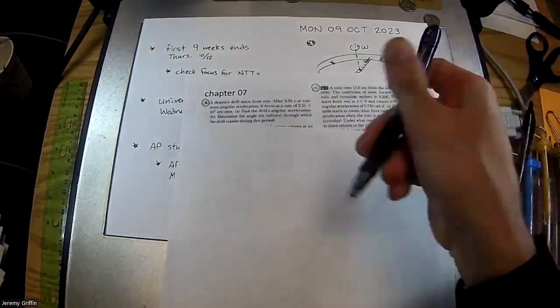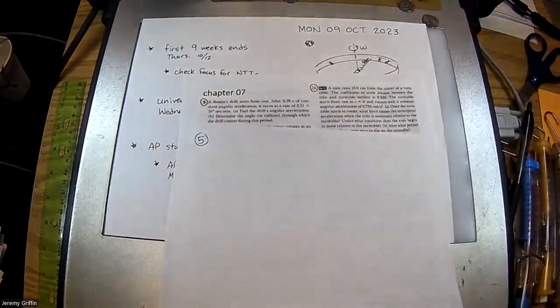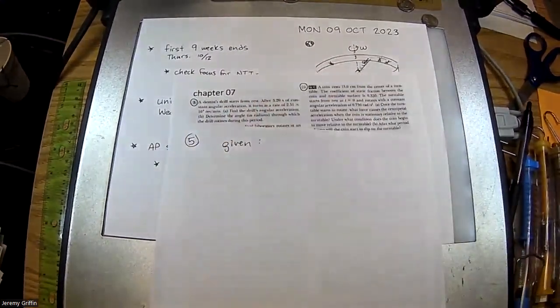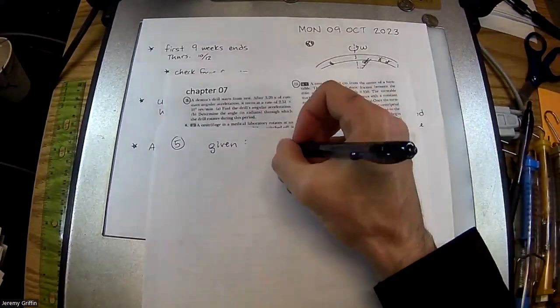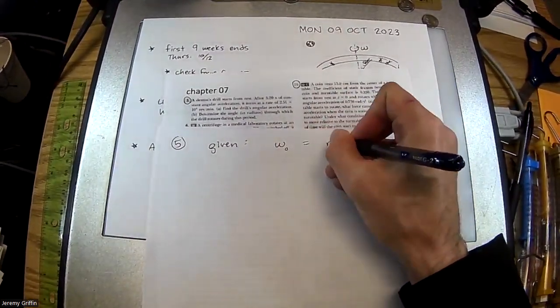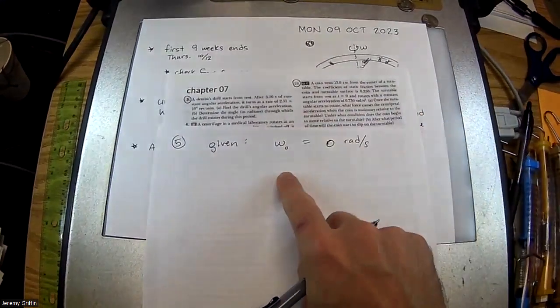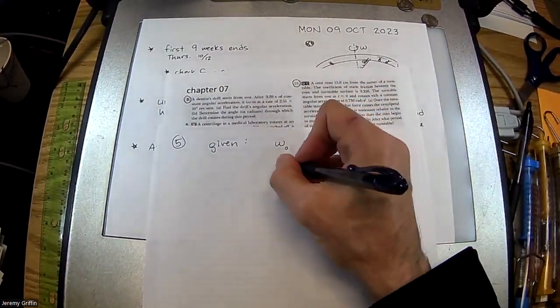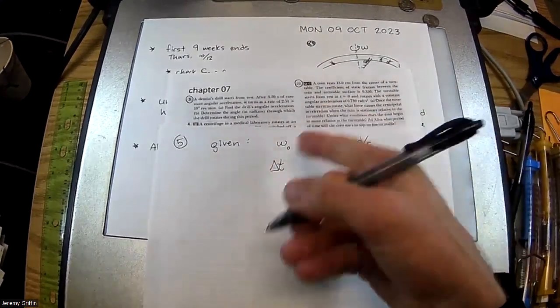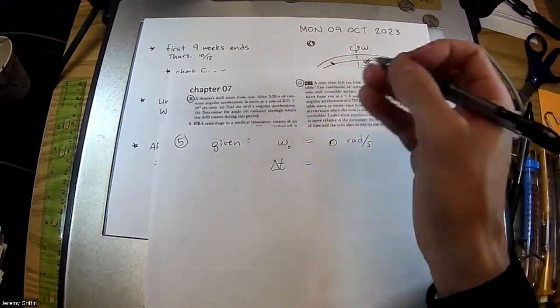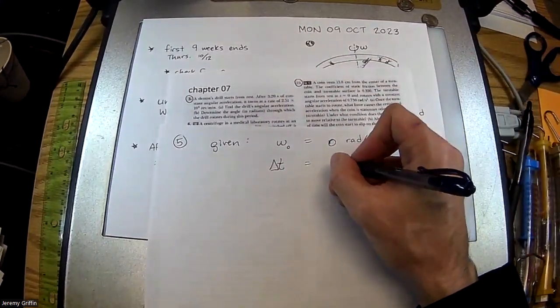Right, so number 5. So I'll say given, right? Let's put all our givens on the board. They told us it starts from rest. So I got 0 radians per second there, initial angular velocity. They told us the time period, maybe I'll do delta t, or you say t, that's fine. They said so many seconds. I'm going to change it for the notes just so you guys have another example.